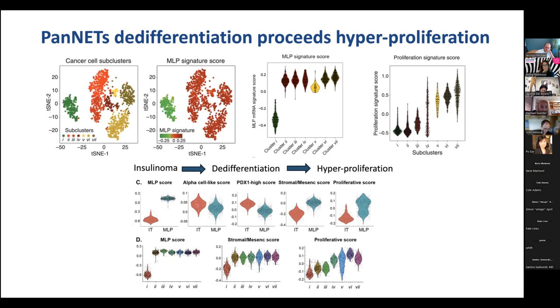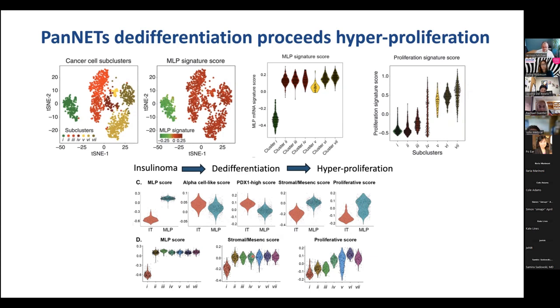When we look at their alpha cell-like or PDX1 signatures, these are functional and very high in the IT. But when you look at the EMT signature and the proliferative score, they are high in MLP, which does agree with biology, that EMT will be higher in the MLP. And the proliferative score they have in their paper matches completely what we did in our paper.